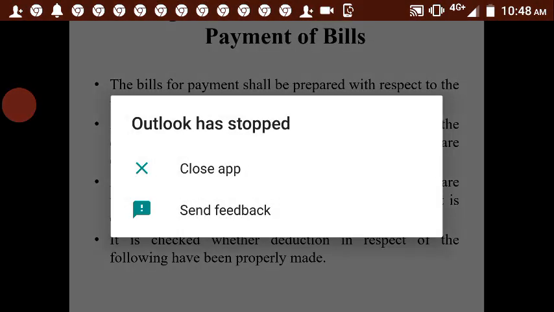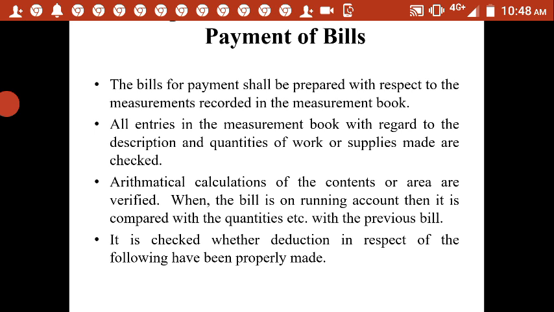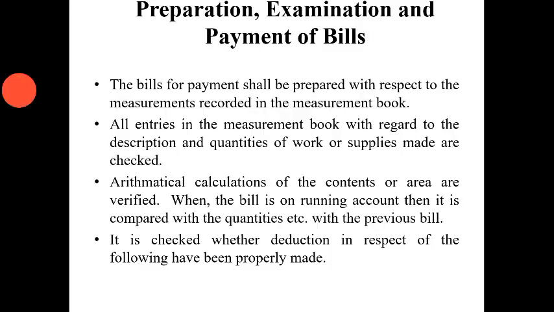So of course, if you are running the running account bill that I already explained, then some arithmetic calculations have to be made: how much quantity has been brought, how much quantity is left, how much work is executed, how much work is completed. So based on all those things, the payments of the bills are prepared.